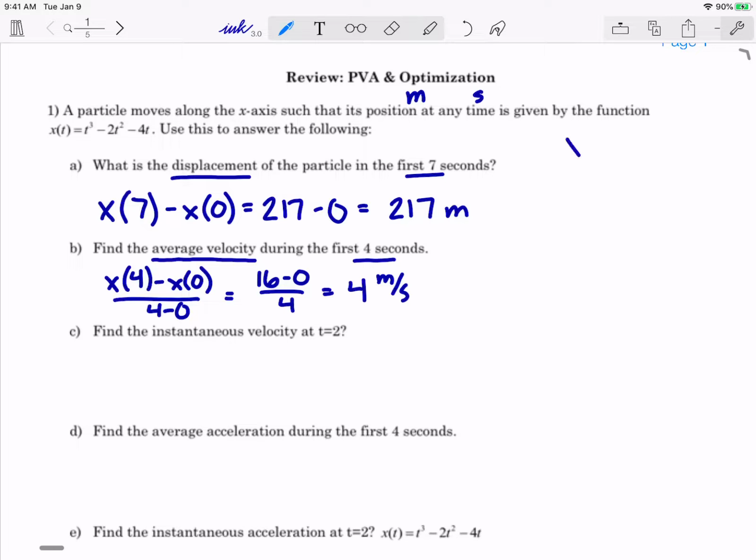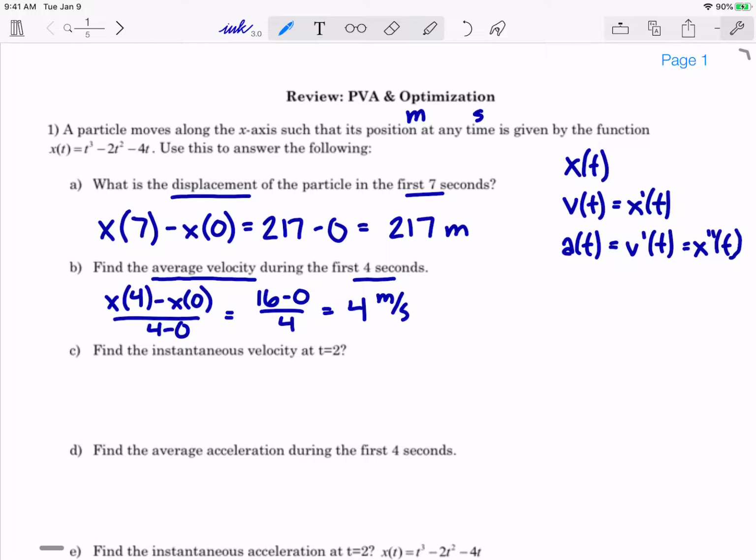Recall, if we've got position given by x of t, then velocity is going to be given by x prime of t, and acceleration will be given by x double prime of t, or v prime of t. And the units for these are going to be length, length per time, and length per time squared, respectively.